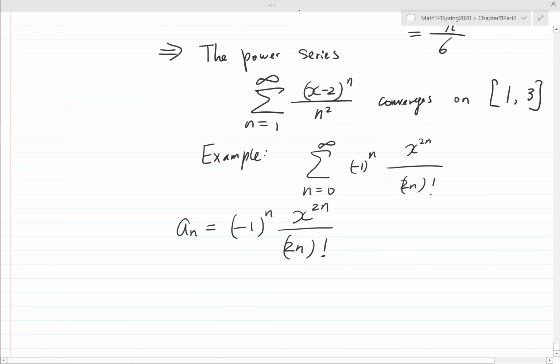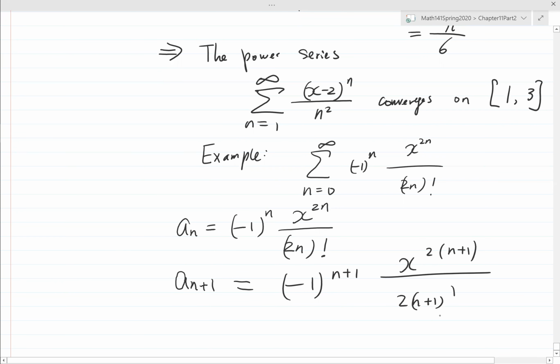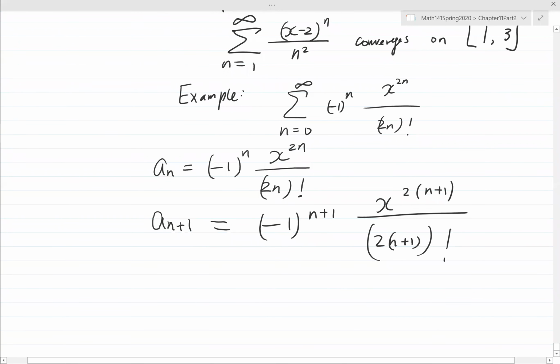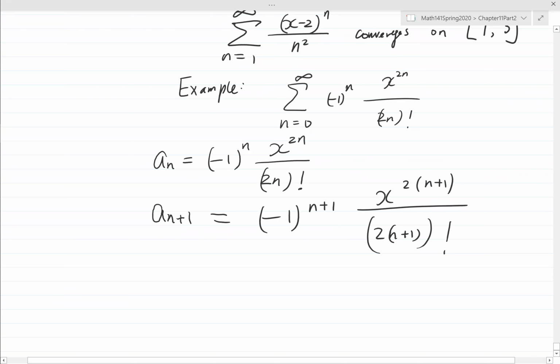So we use the ratio test, and find the next term a_n plus 1 by replacing n by n plus 1, giving x to the power 2n plus 2 over 2n plus 2 factorial. Then we take that ratio a_n plus 1 over a_n, in absolute value.